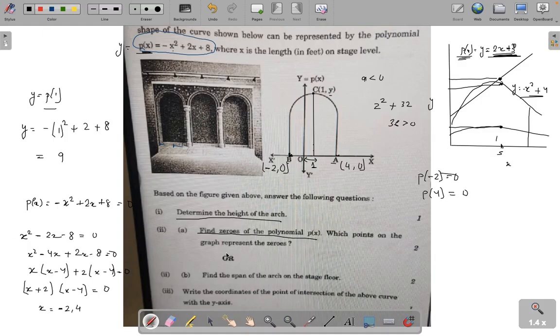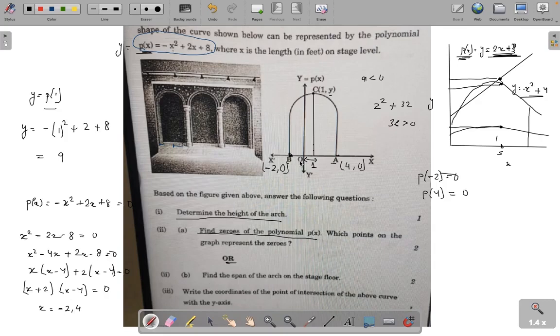Second part is the graph, I mean point B represents 1 zero and point A represents another 0. So you have to write the coordinates. B is minus 2 comma 0 and A is 4 comma 0. Then this OR question: find the span of the arc on the stage floor. What does span mean?